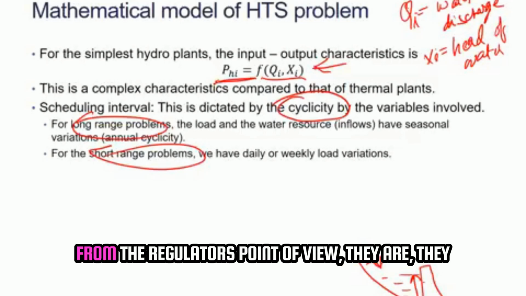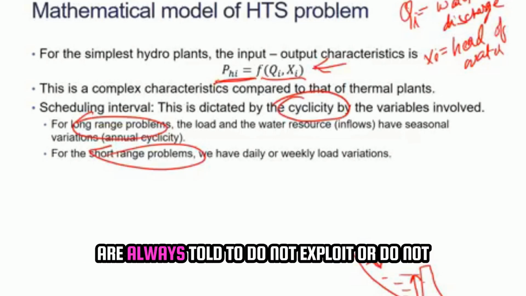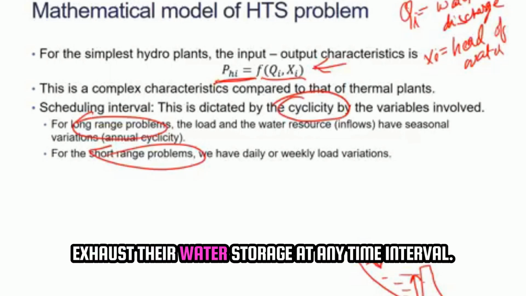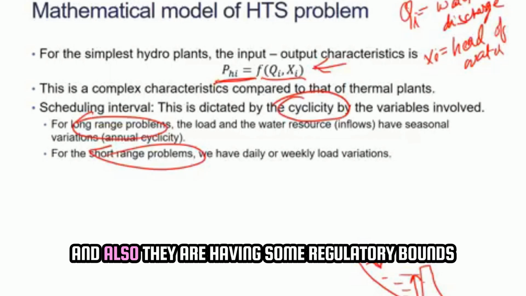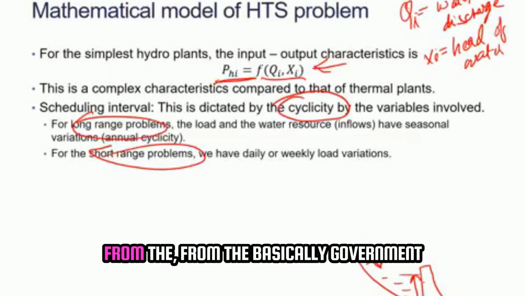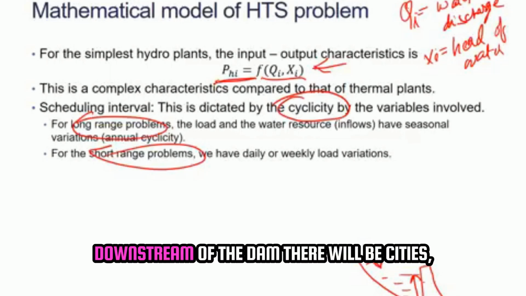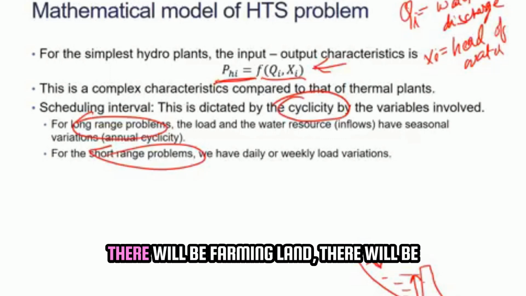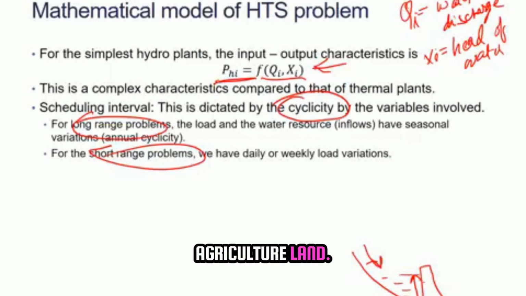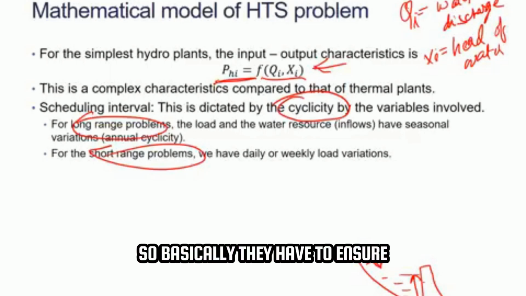So regulators tell them not to exhaust their water storage at any time interval; they should always ensure something is kept. They also have regulatory bounds from the government, because downstream of the dam there will be cities, farming lands and agricultural lands, so they have to ensure that everyone is getting water.